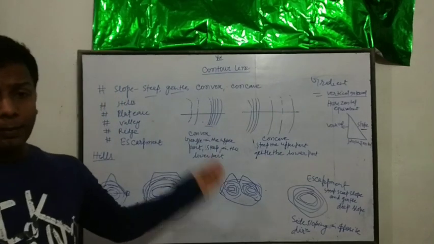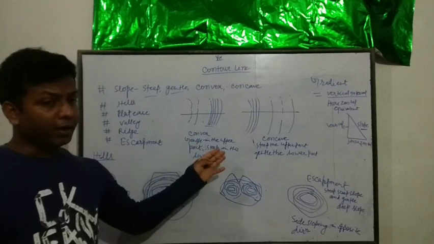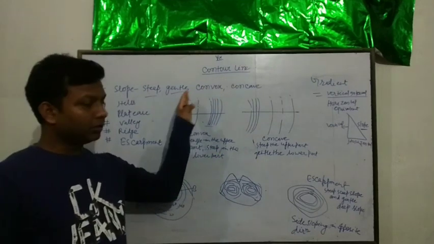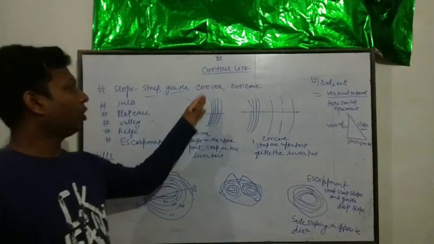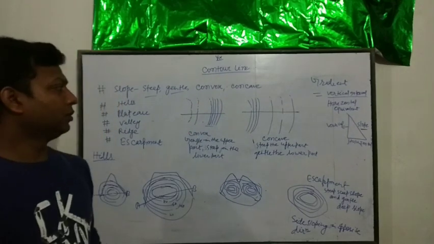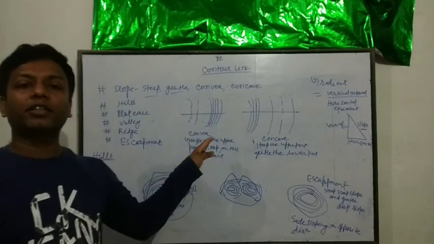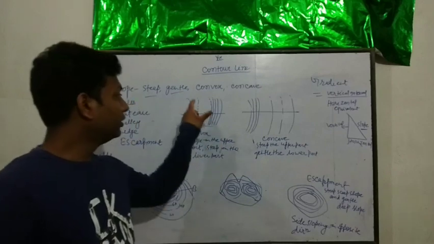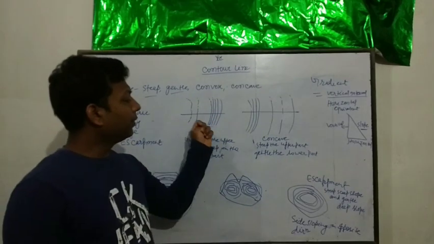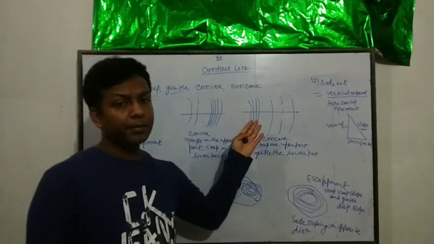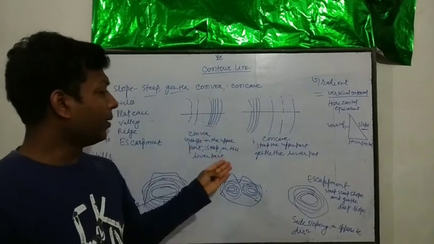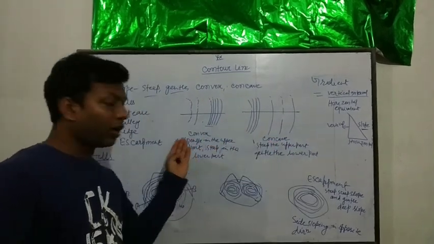Gentle in the upper part and steep in the lower part. In contours, this is called convex, like a convex mirror. And concave slope, we have what? The opposite of convex.